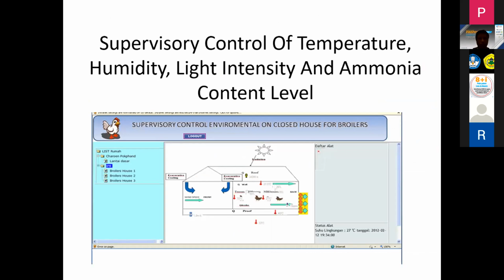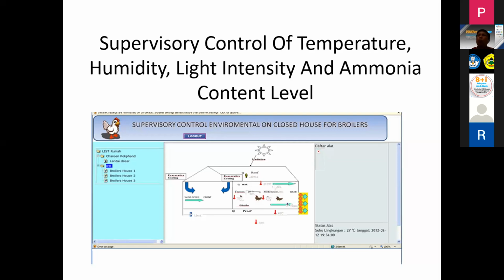This is how to supervise and control temperature, humidity, light intensity, carbon dioxide, and ammonia content level. We want to use the control, as it is a good help for the broiler closed house.